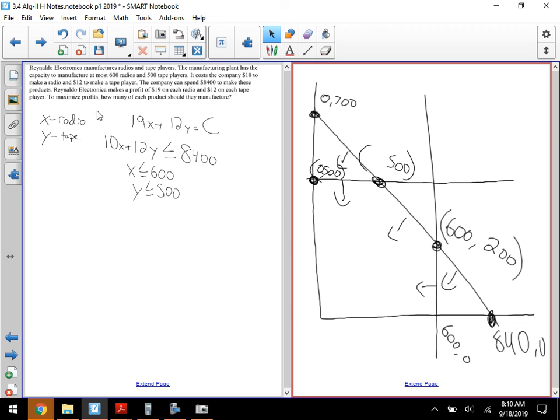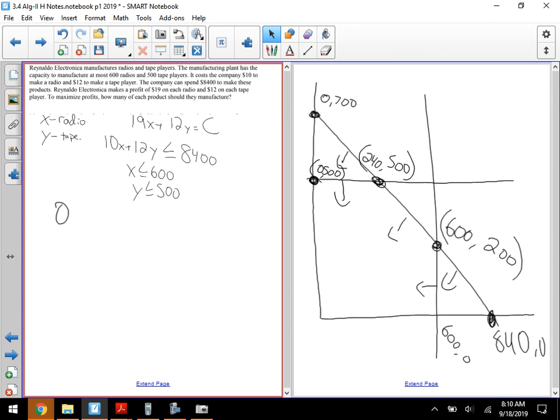So we have 8,400, then subtract 6,000, 2,400, divide that by 10, we get 240. You could just use your calculator, it's not a big deal, but a lot of this math works out pretty well. Ordered pairs: 0, 500; 240, 500; 600, 200; and 600, 0.